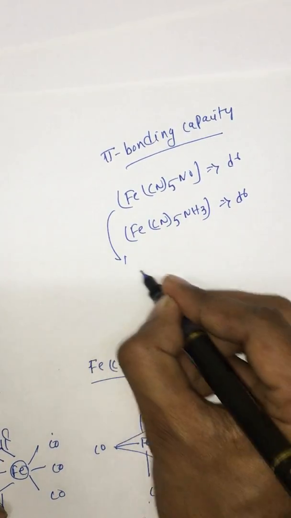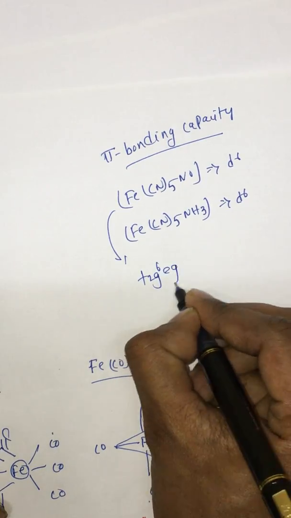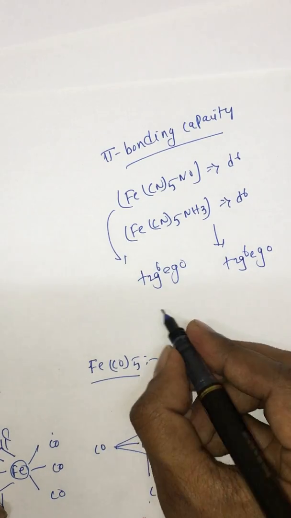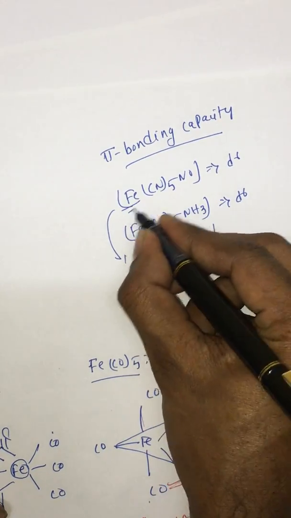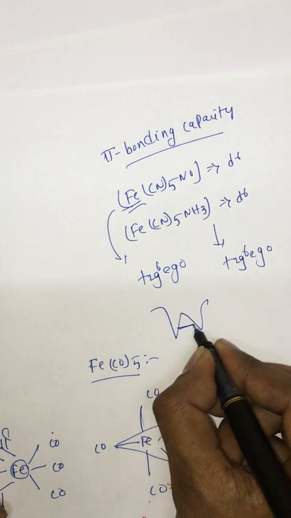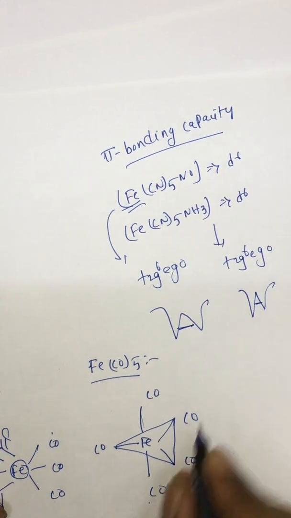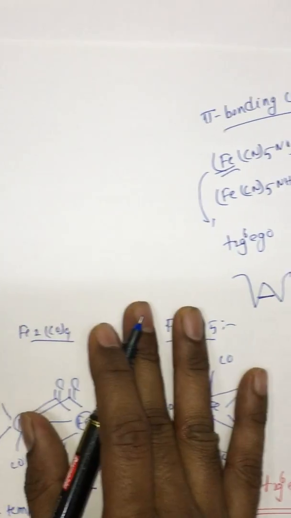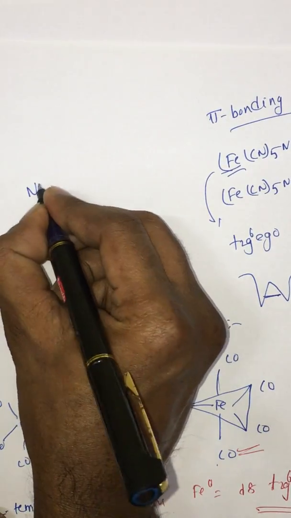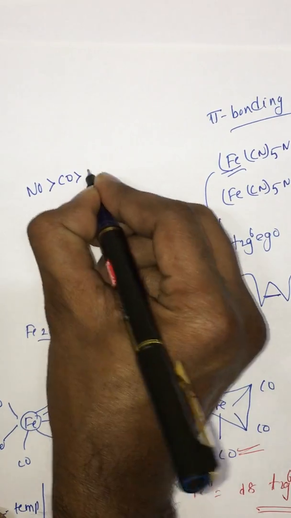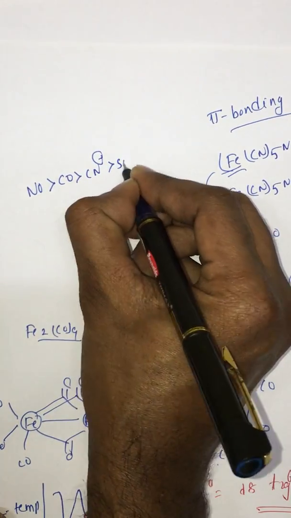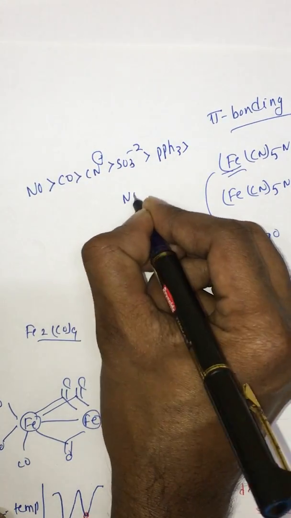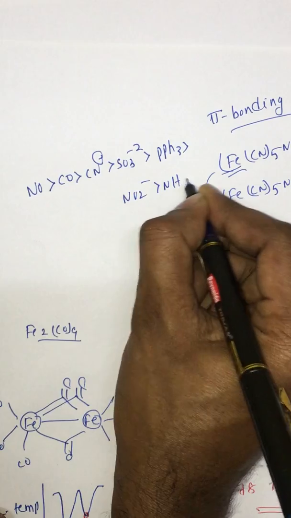Here also t2g6 eg0, here also t2g6 eg0, but the Mossbauer spectrum for this compound will have a larger EQ when compared with this compound. So as pi bonding capacity increases, the quadrupole splitting also increases. So this is the order: NO is first, then CO, CN minus, SO3 2 minus, PPh3, NO2 minus and NH3.